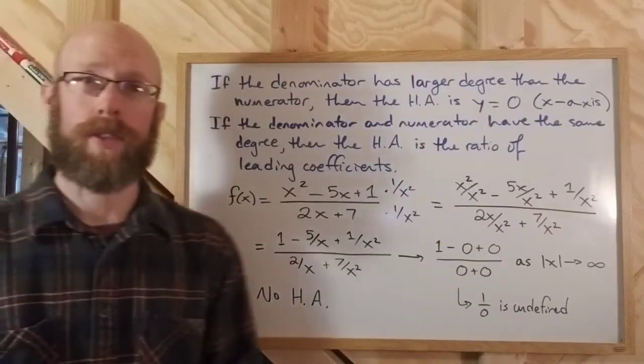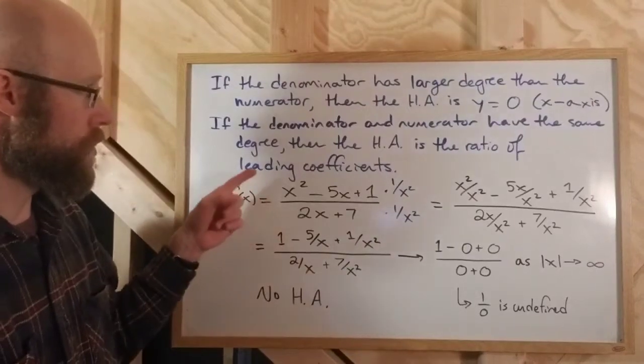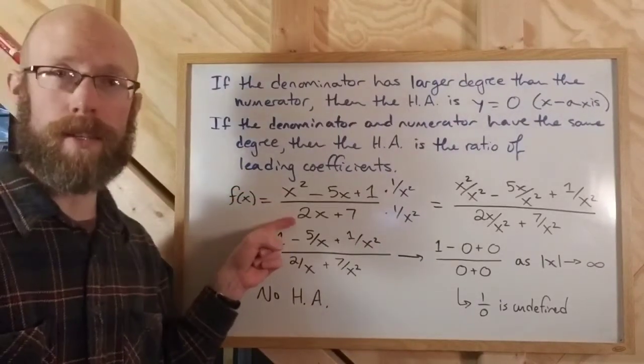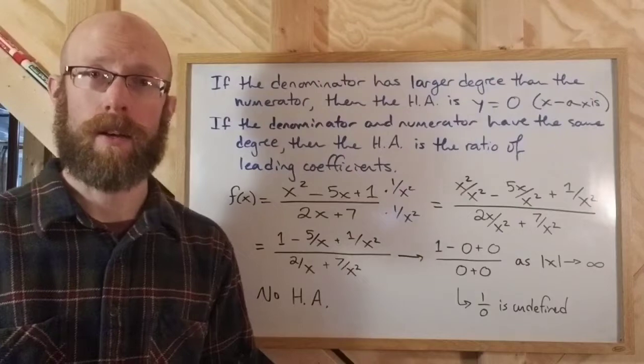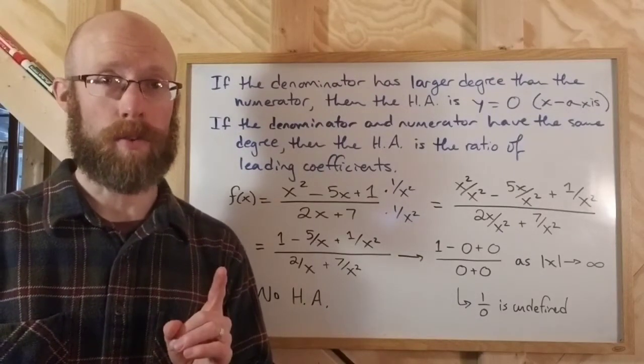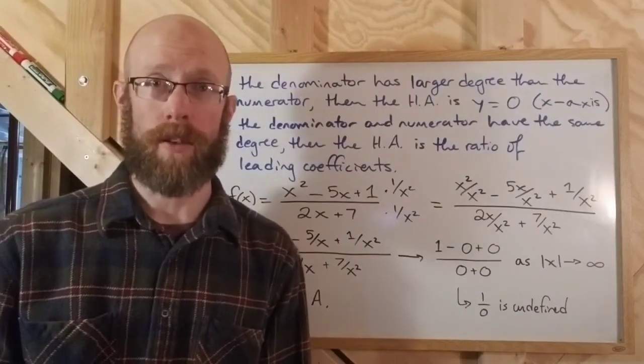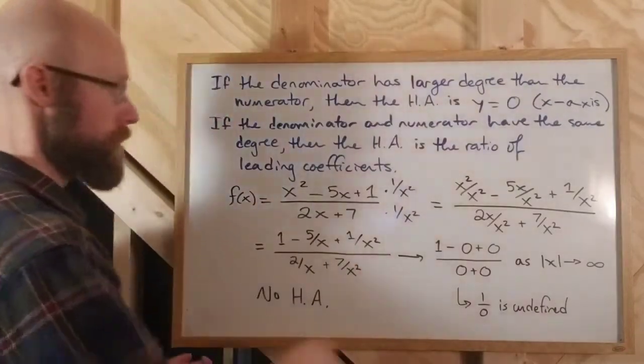That's actually going to be the case anytime that the numerator has larger degree than the denominator. You're not going to have a horizontal asymptote. You are, however, going to have something else, and that's the oblique asymptote, which I'll show you how to find in just a moment. First, let me summarize this.